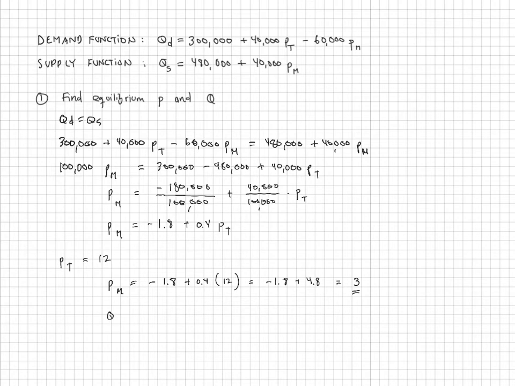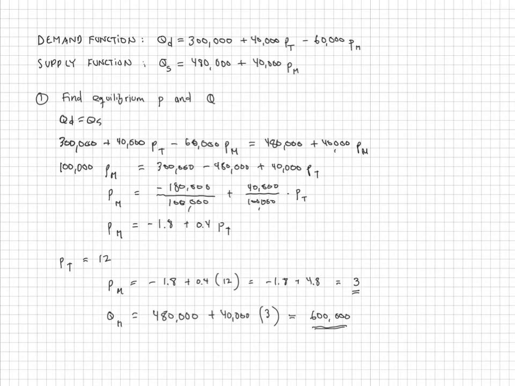And then we want to find the quantity of metro rides. Again, we can plug that into either the demand function or the supply function. I'm going to do the supply since that has fewer terms. Plug in the value for equilibrium price there, and we have our equilibrium quantity as well, 600,000.